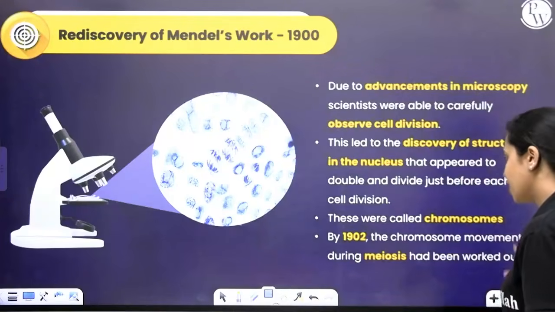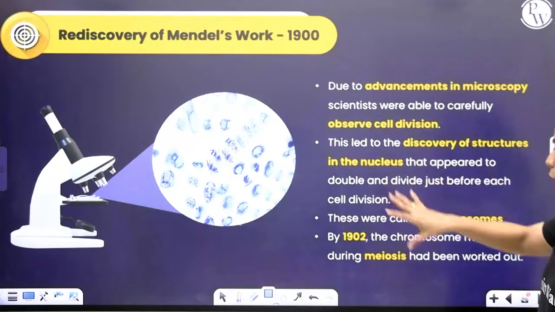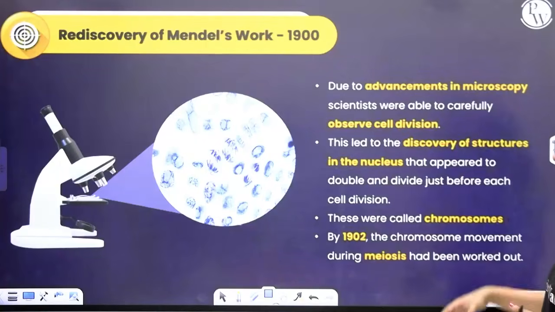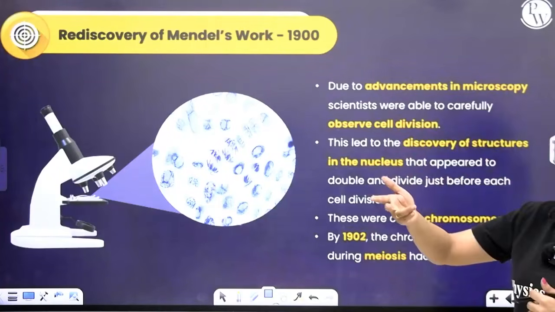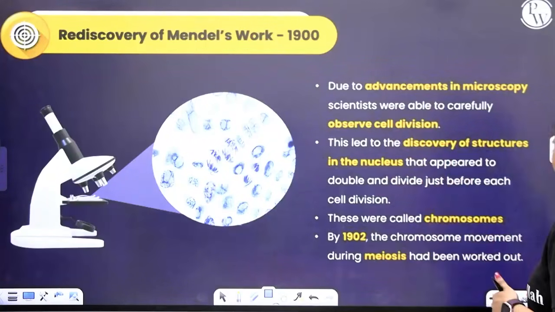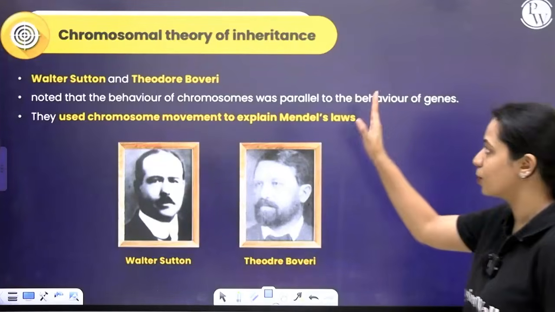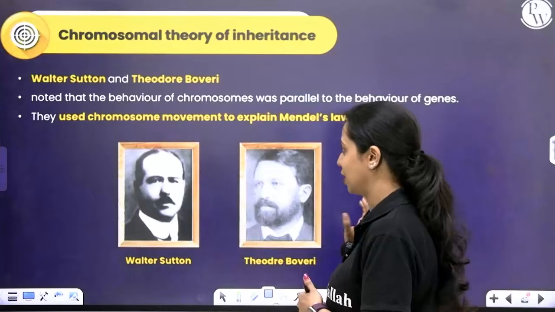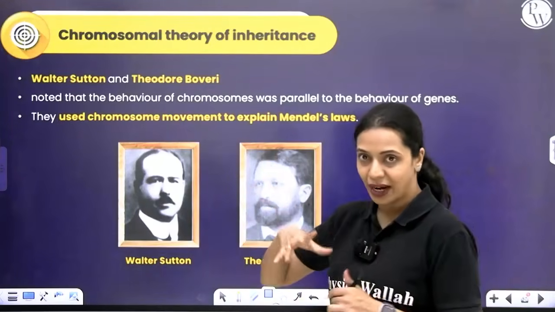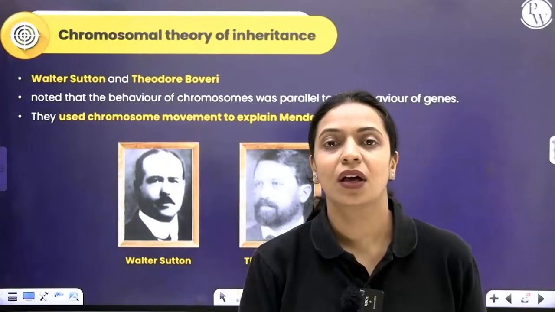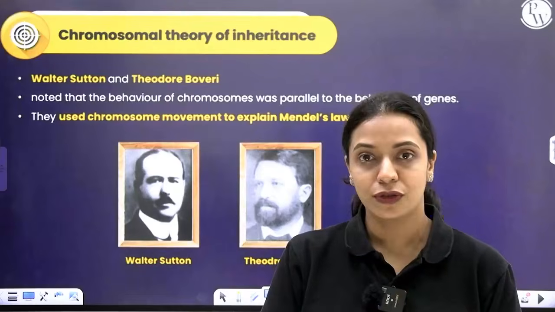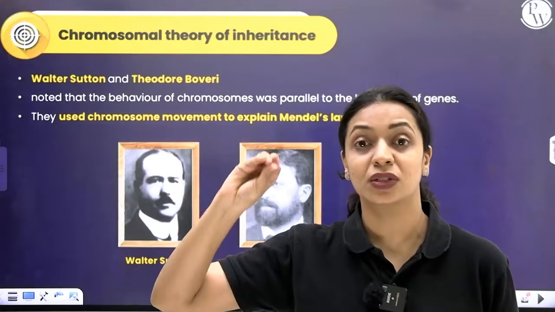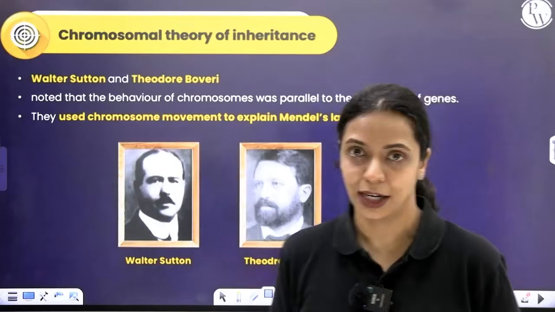And the knowledge they had from the behavior and movement of chromosomes during meiosis, they tried to apply to what Mendel had said. And they came up with something called the chromosomal theory of inheritance. This was proposed by two people, Sutton and Boveri. They united the information about how chromosomes move and behave during meiotic cell division, and they applied that to the principles and laws that Mendel had proposed.